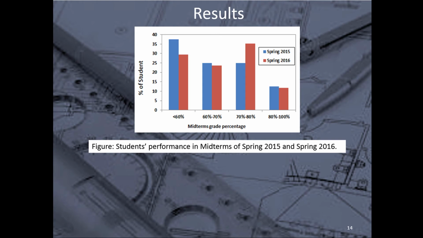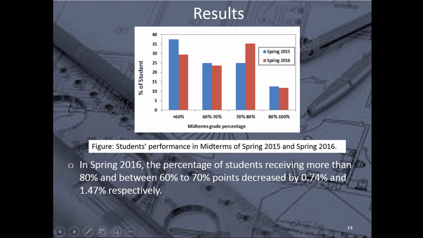Instead, I see a drop in that. But the most encouraging part is that the students who got points between 70 and 80% increased quite a bit, by about 10%. And the number of students getting less than 60% dropped. So that's kind of encouraging to me.